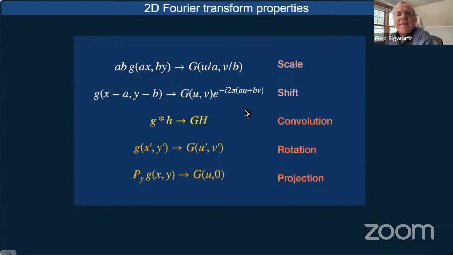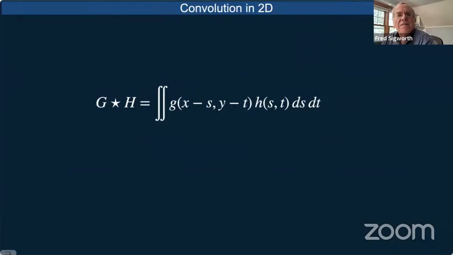And it has the same kind of properties, but there again, I'm sparing you most of the Fourier transform lecture because there are only a few properties that we really care about. One is convolution, again, another is rotation, and another is projection. So let me talk about these 3 properties of the 2D Fourier transform.